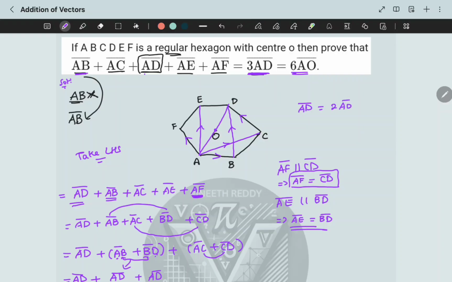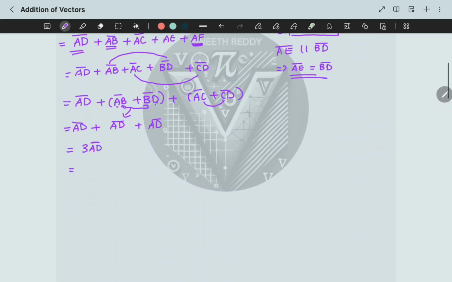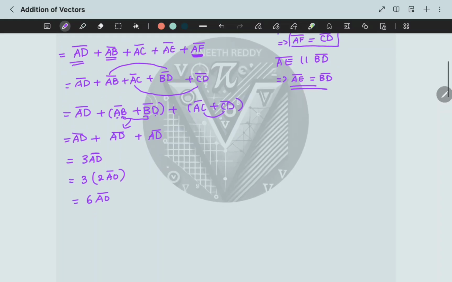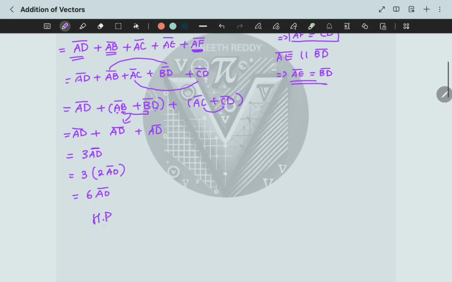Since it's a regular hexagon, O is the center, or O is the midpoint of AD. So can we say AO is equal to OD? Yes. So instead of AD vector, can we write 2 AO vector? Yes. So here we'll write 3 times 2 into AO vector, which is nothing but 6 times AO vector. I hope you understood this, dear students. So that's it. We have proved, hence proved.